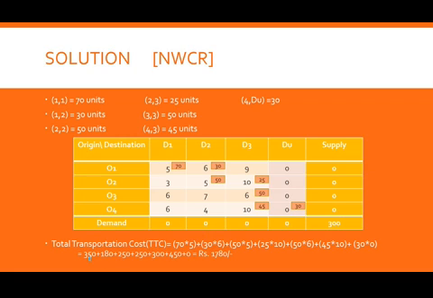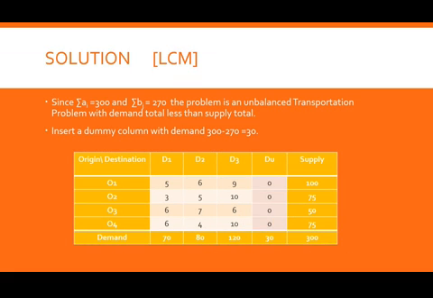So 70 into 5 is 350, 30 into 6 is 180, 50 into 5 is 250, 25 into 10 is 250, 50 into 6 is 300, 45 into 10 is 450, and 30 into 0 is 0. When I add up all these values, I get the total transportation cost TTC of IBFS as 1780.